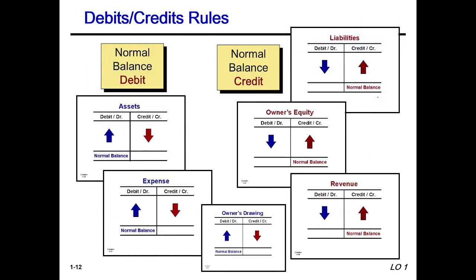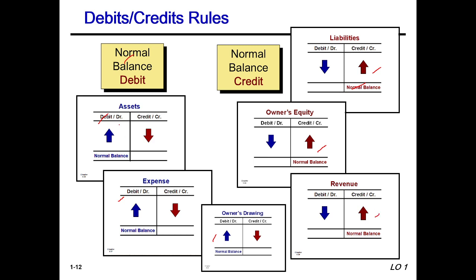And now the debit credit rules. Asset increase is debit, expense increase is debit, or owner's drawing increase is debit. On the other hand, liability increase is credit, owner's equity increase is credit, and revenue increase is credit.